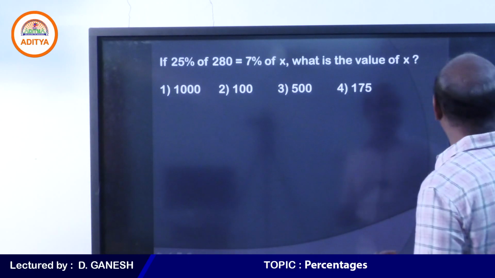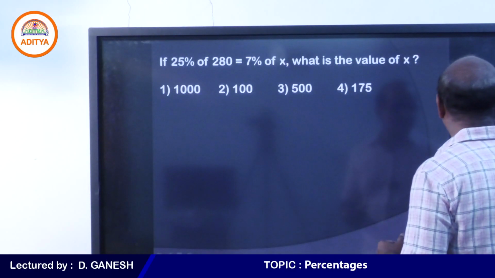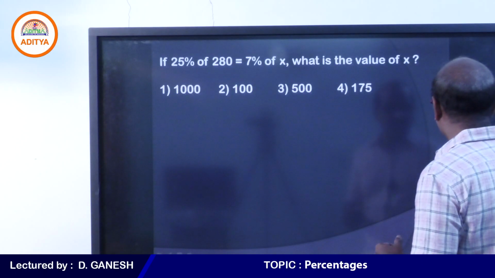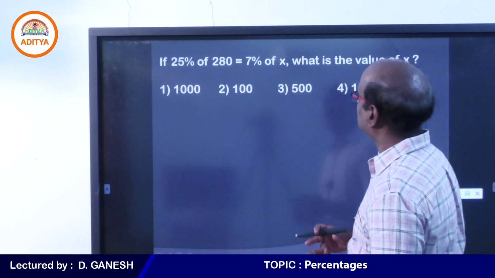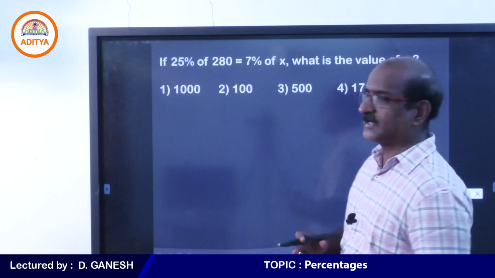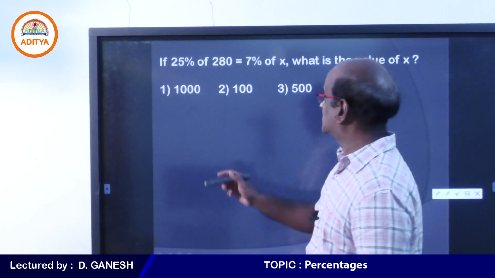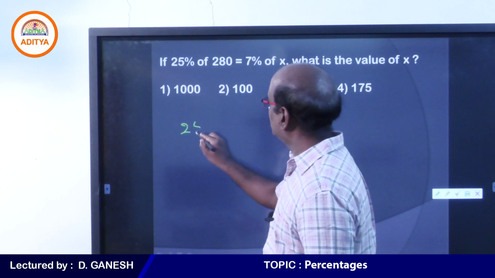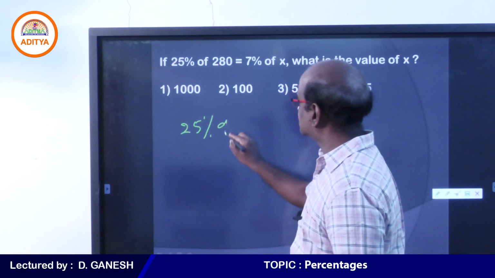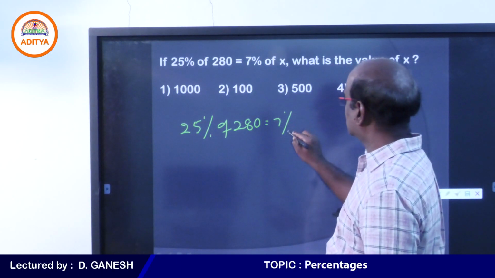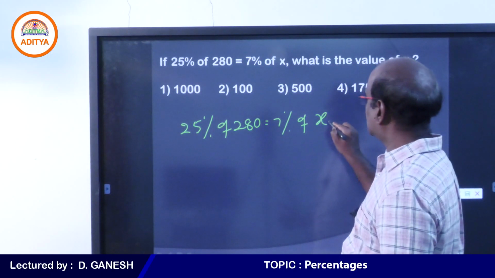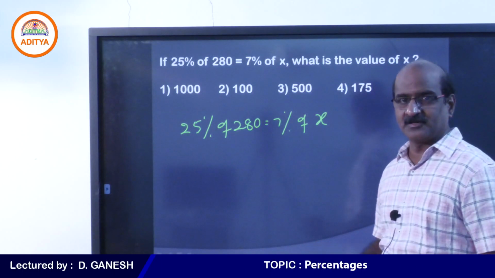So here we go. If 25% of 280 is equal to 7% of X, what is the value of X? Student, now look at the question. 25% of 280 is equal to 7% of X. So this is what you are actually given.